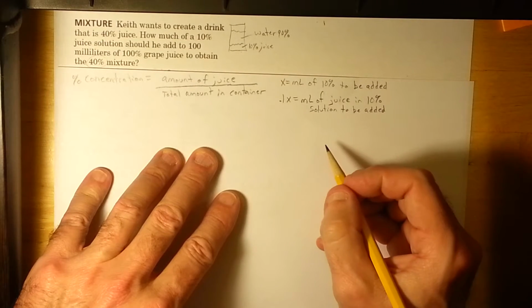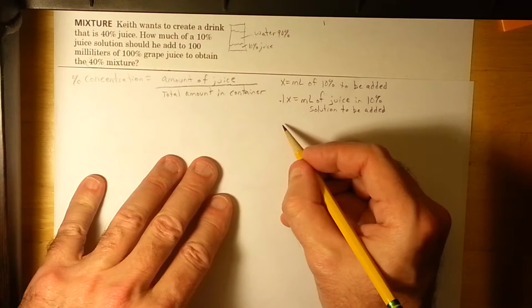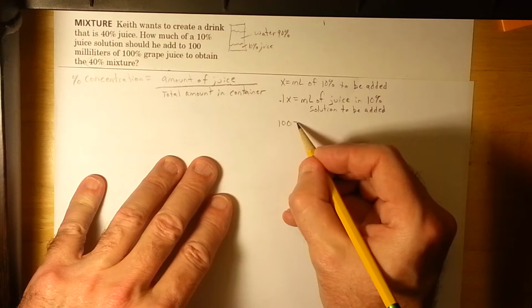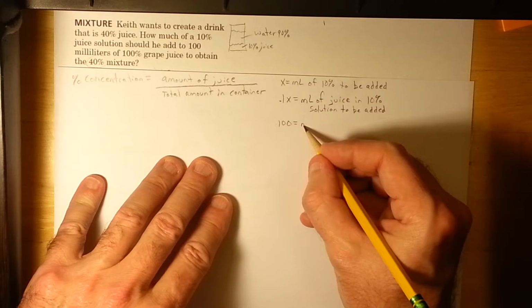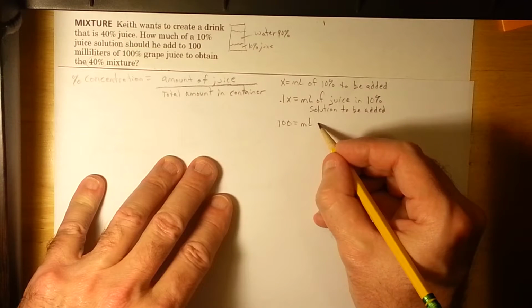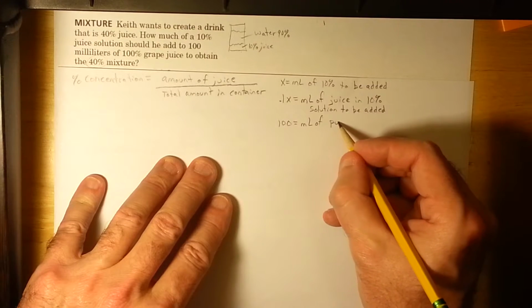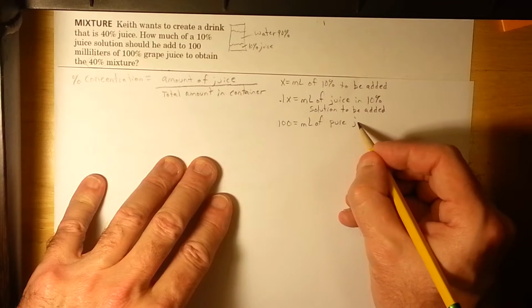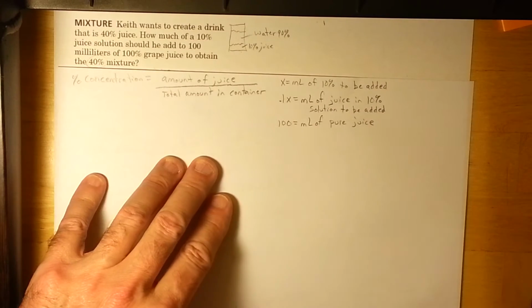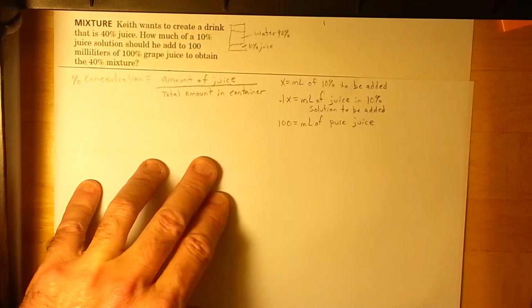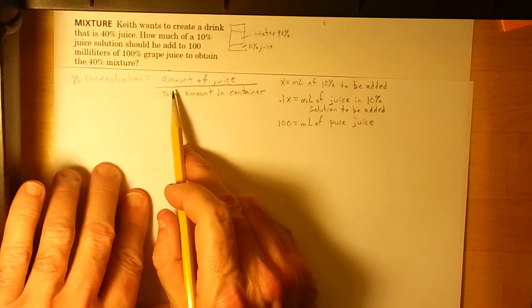Alright? And then 100 is going to equal the milliliters of pure juice that we started out with. Okay, so the amount of juice.